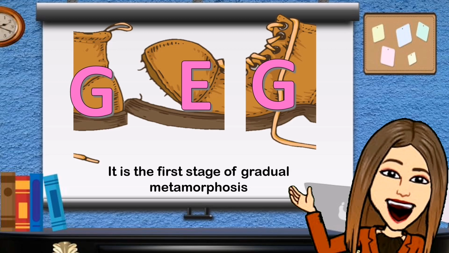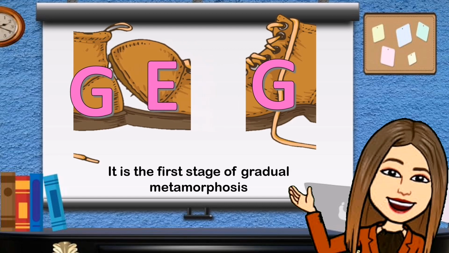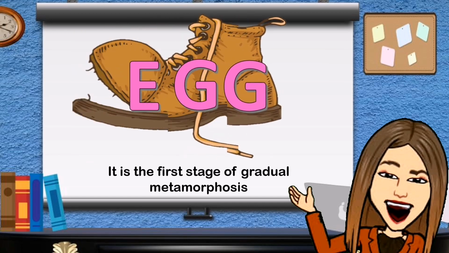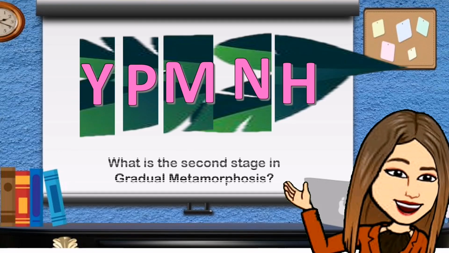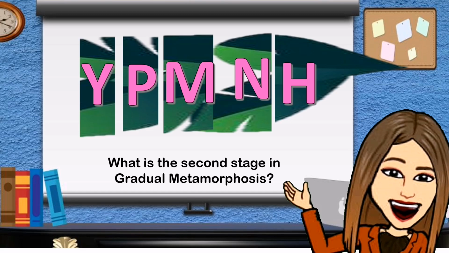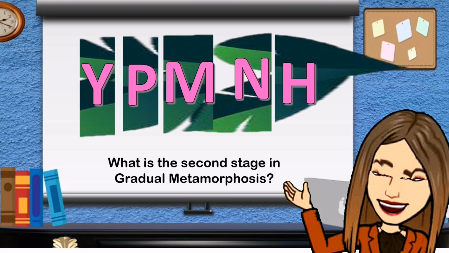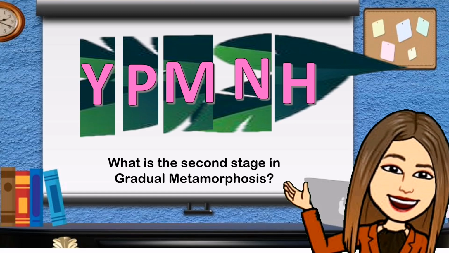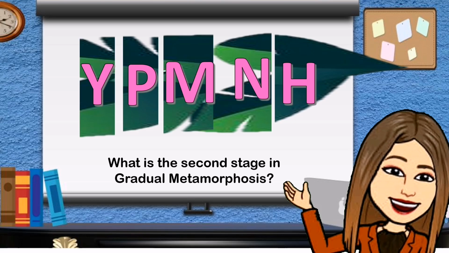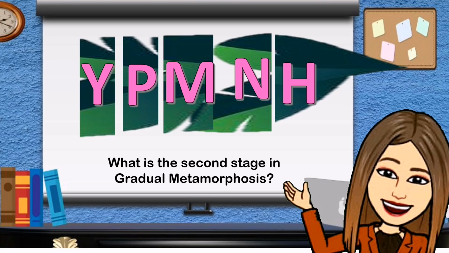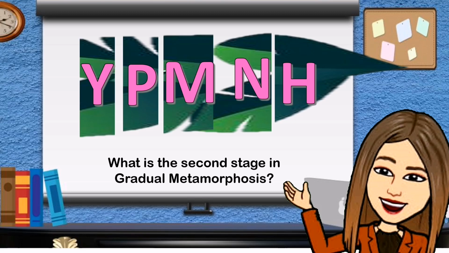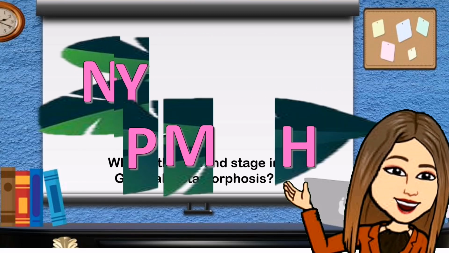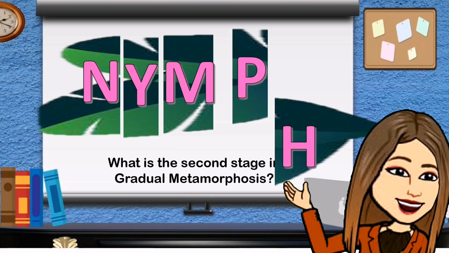And the correct answer is egg. Number 2. What is the second stage in gradual metamorphosis? Fix the jumbled letters for 10 seconds. And the correct answer is nymph.